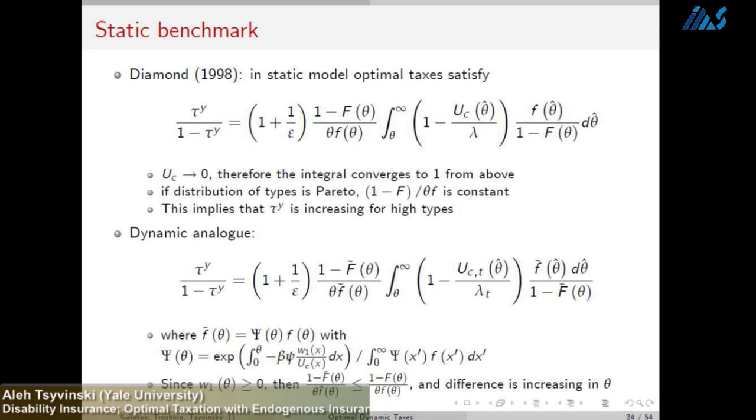Let me just briefly mention what would happen if you had persistent shocks. There will be another term here, which makes the planner more redistributionary, exactly the same way I described before. And here, instead of the unconditional probabilities, they're going to be conditional probabilities.